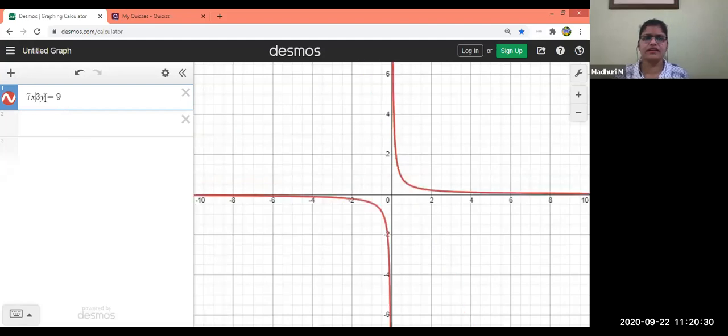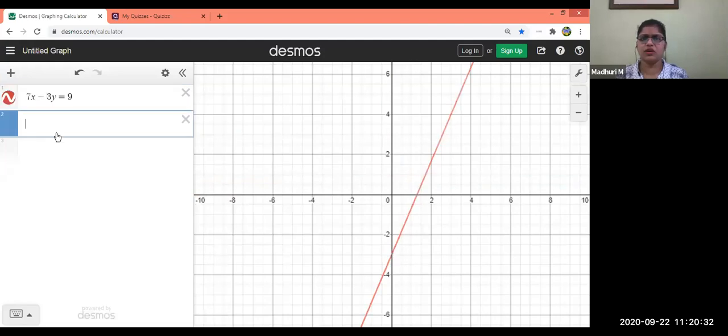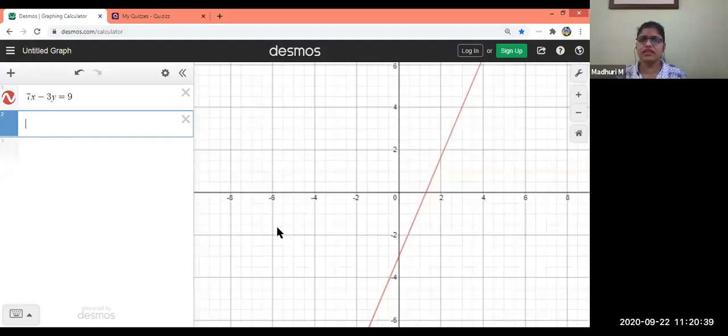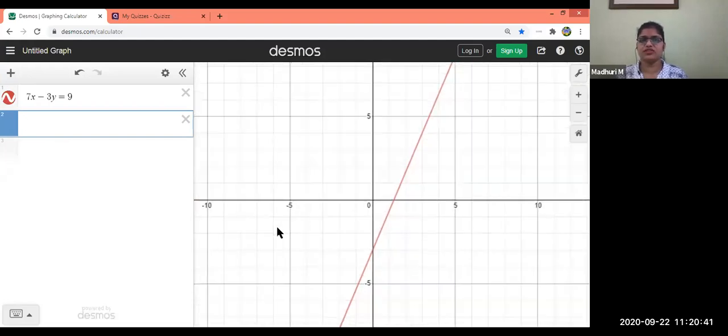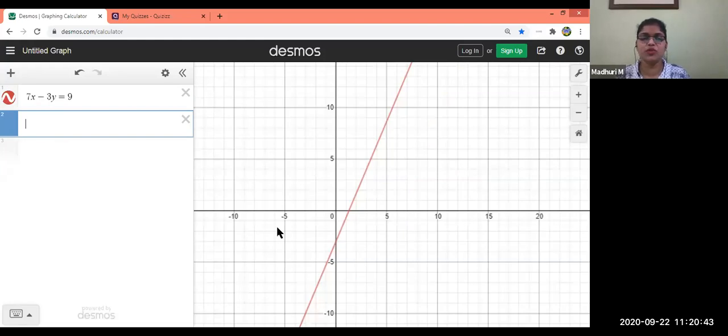If I enter a negative sign over here, now the equation is 7x minus 3y equals 9. Again, you can see here the graph is still a straight line. So linear equations in two variables always have the graph as a straight line, and that's why they are called linear. Fine. With that, let us move back to our revision part.